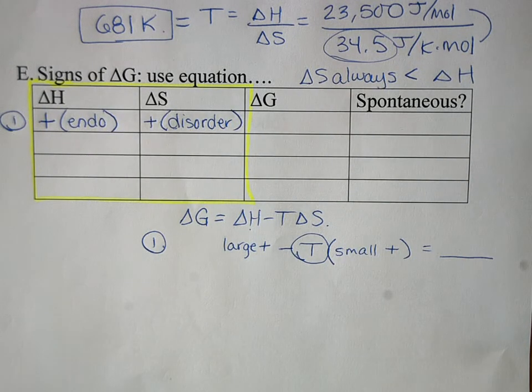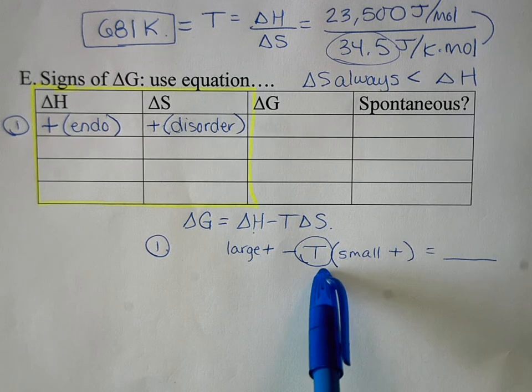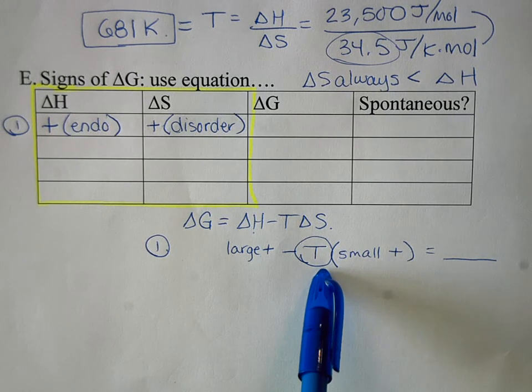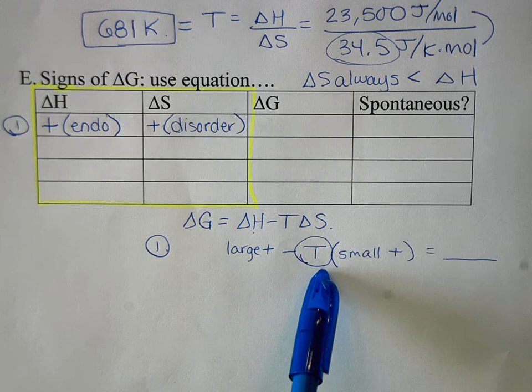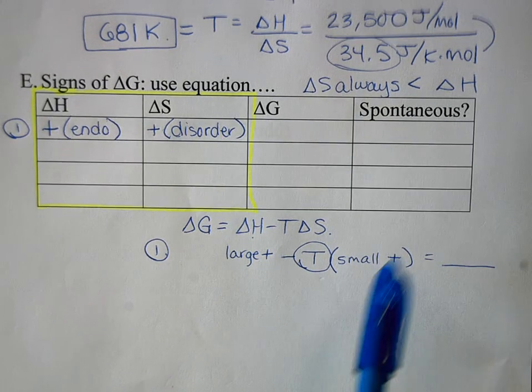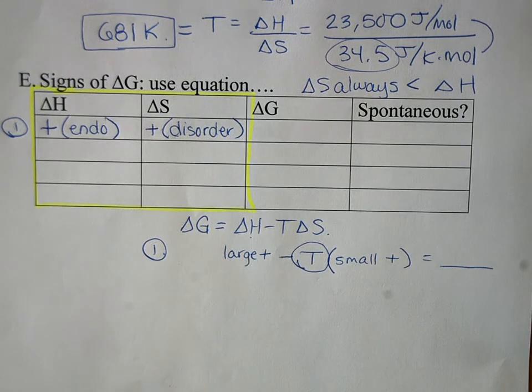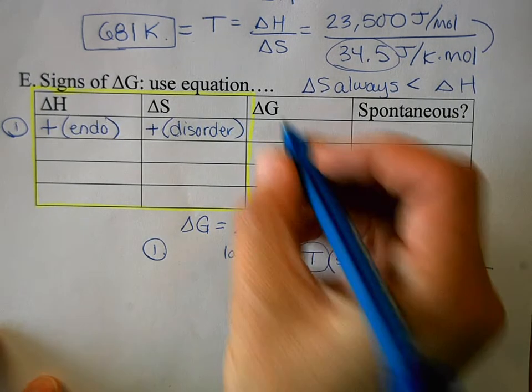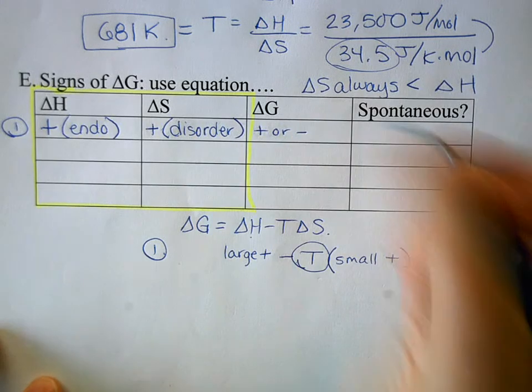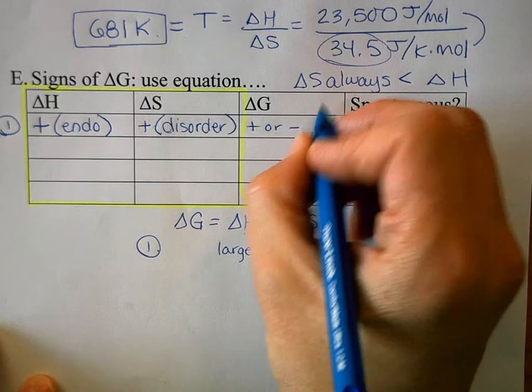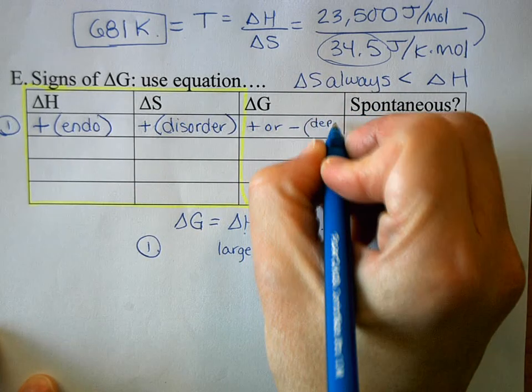And so for my T values here, if I want it to be spontaneous, meaning make my G negative, should my T be really big or really small? Big, okay? Because then when I multiply it by my delta S, it will be a big number, bigger than this one, and become negative. So I can have positive or negative here, and we'll say it depends on the temperature.